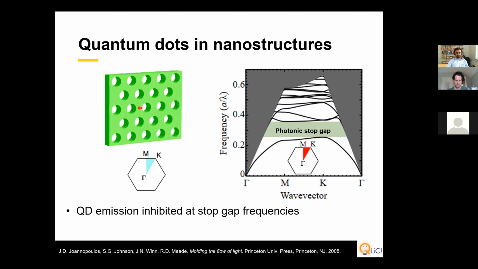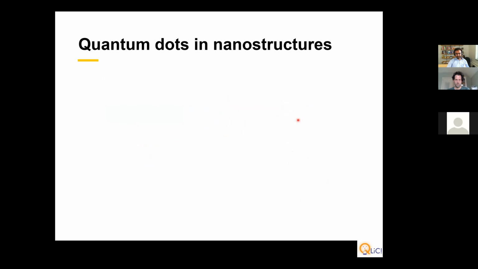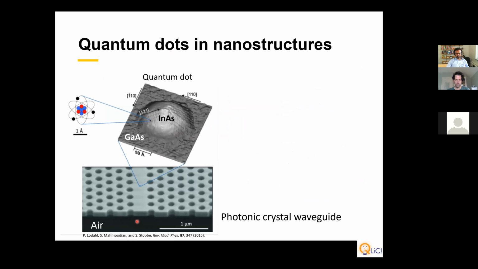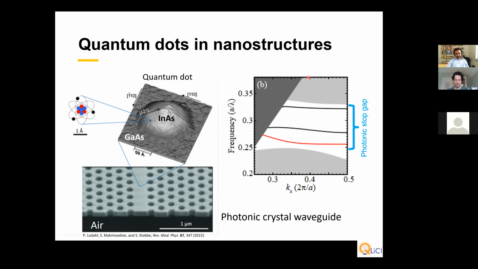That is basically saying that if an emitter were to sit in this range, then it would not emit at all in an ideal case. Then we take this particular photonic crystal and remove a row of holes. What this does is that within that stop gap, there'd be these additional modes that we see.